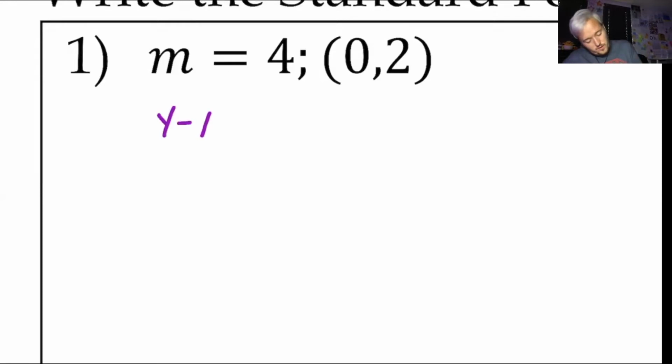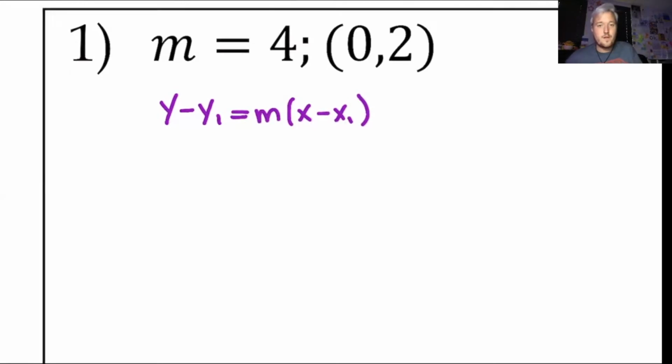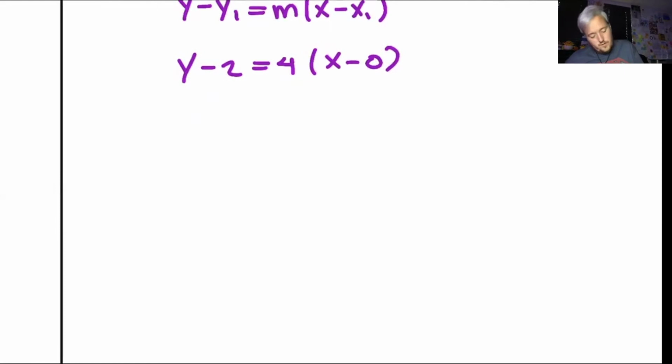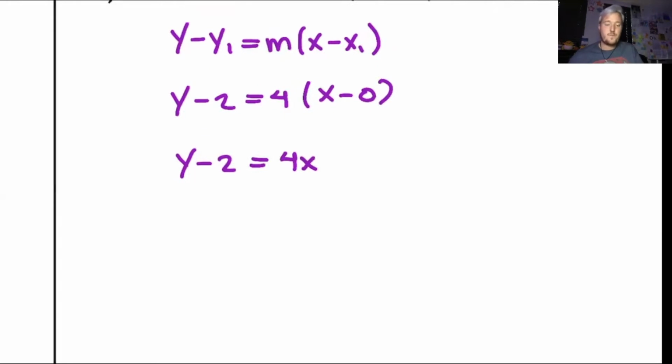So start with y minus y1 equals m times x minus x1. So y minus 2 equals 4 times parentheses x minus 0. All right, so I have y minus 2 equals 4x. My a value is positive and a whole number, so it stays where it is.